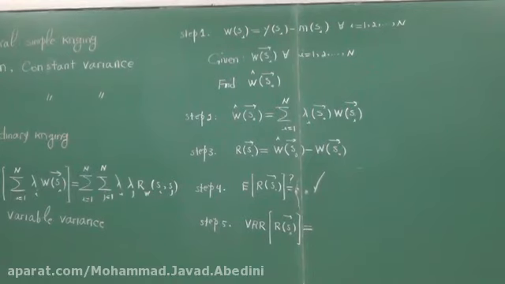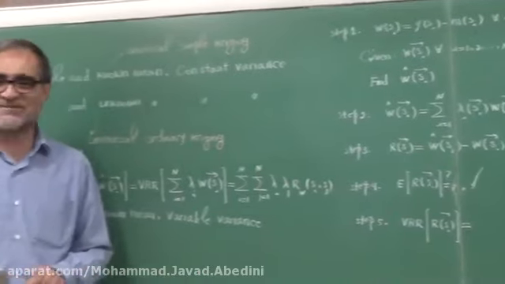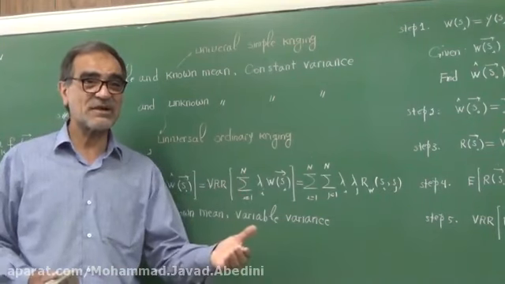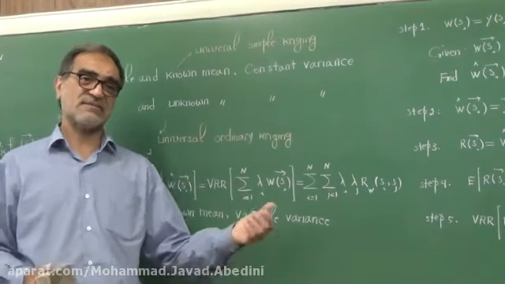Because when it comes to expected value of W, expected value of W is still 0, which means that your mean is independent of spatial location. It's constant. But when it comes to variance of W, variance of W is not constant, it is variable. Therefore, you have to be quite careful to avoid reaching either covariance of W or covariance of Y, because neither covariance of W nor covariance of Y is accessible.